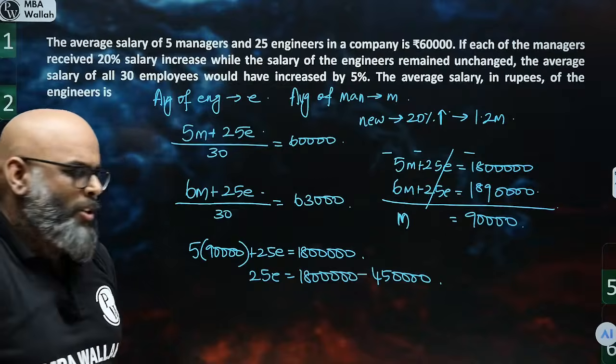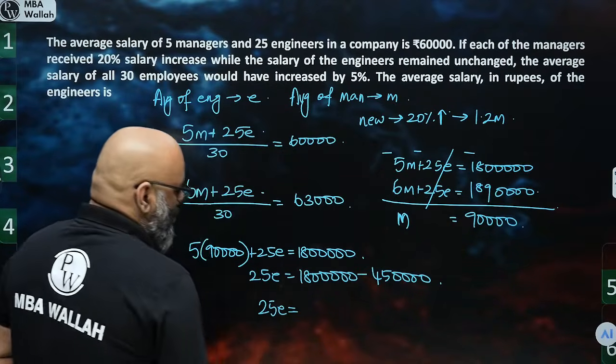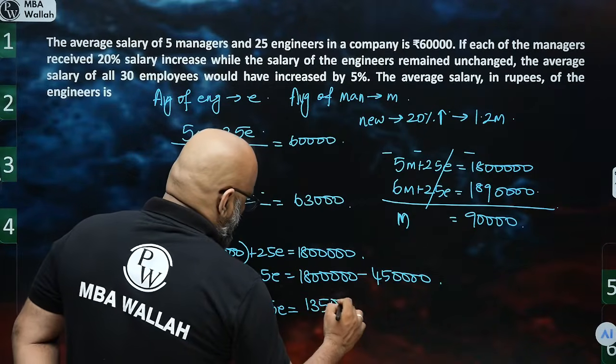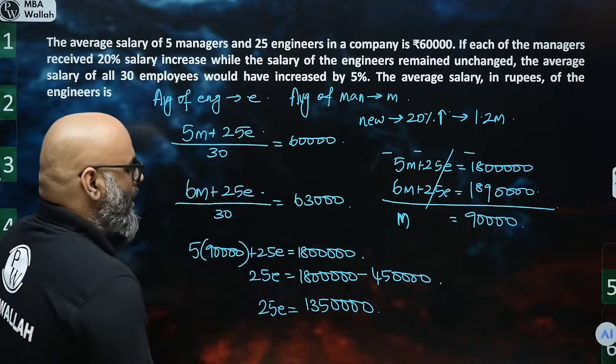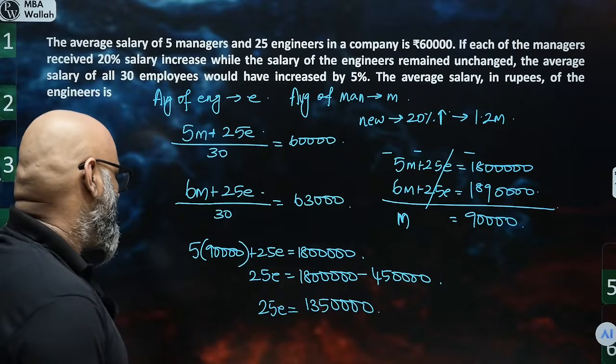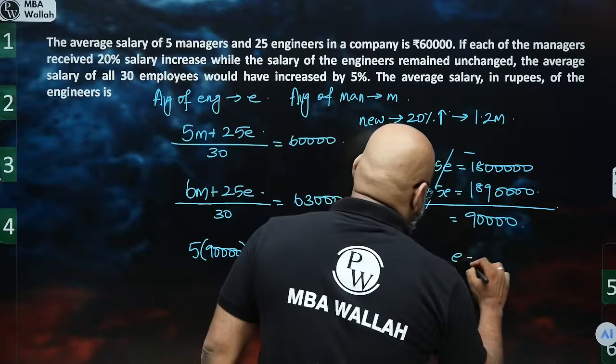So 25E is equal to 13,50,000. Are we right? 4,50,000 goes over here, 135 followed by 4 zeros. Yes.